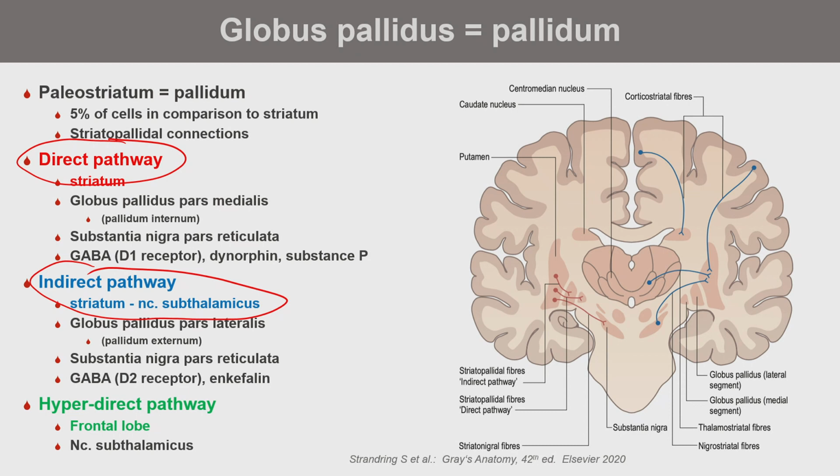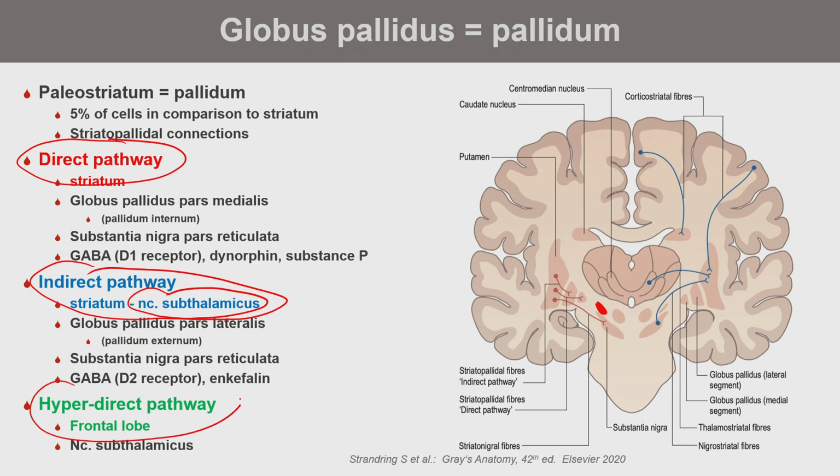The indirect pathway is interrelated through the subthalamic diencephalic structure, and this structure is then stimulating the system. When this system, which is stimulating inhibition of a thalamus, is also disrupted, then the thalamus is able to have an increased activity.